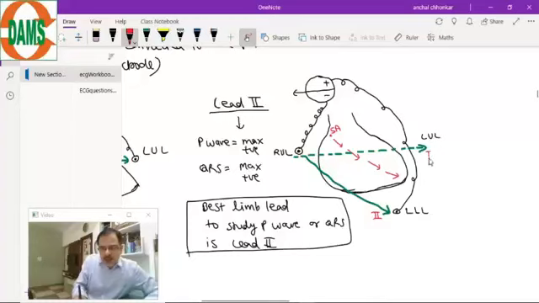The broken arrow is lead 1, and lead 1 was located at the 0 degree axis. From lead 1, the direction of lead 2 is in this direction. This is the angle which lead 2 is making with lead 1. So this is a 60 degree angle.